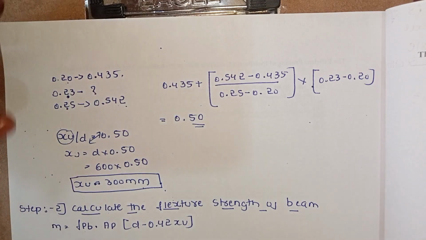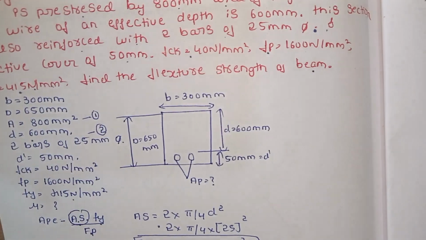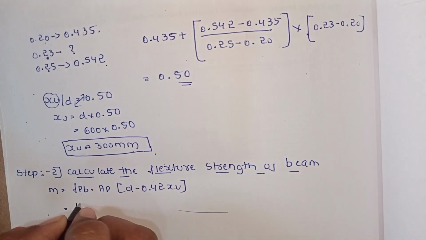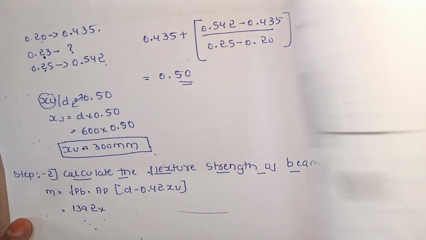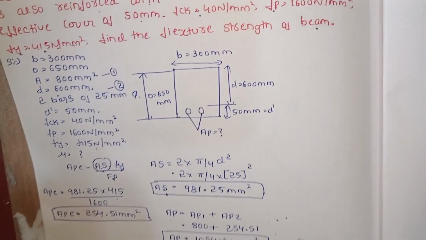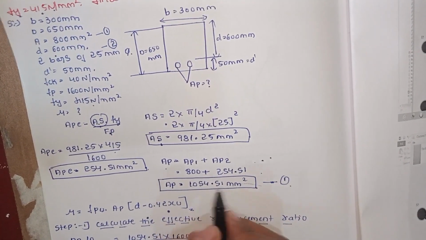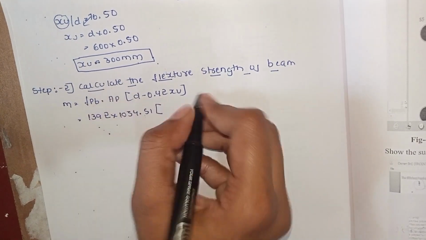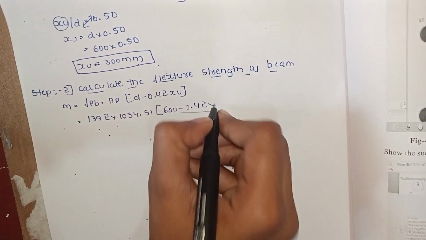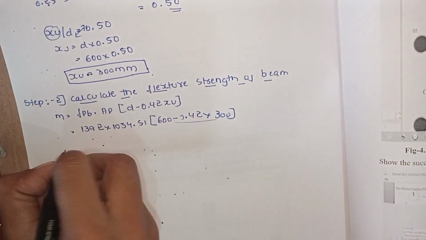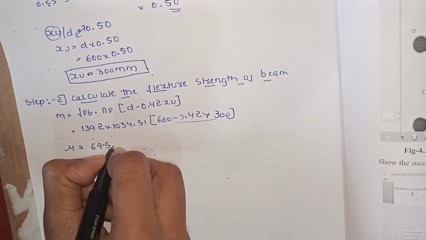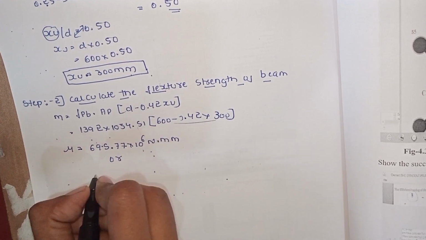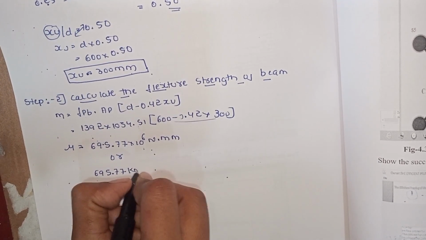We got the fpb value as 1392, so fpb is 1392 into Ap value 1054.51 mm square, into d is 600 minus 0.42 into xu is 300. Now we got the M value as 695.77 into 10 raised to 6 Newton mm, or 695.77 kilonewton meter.